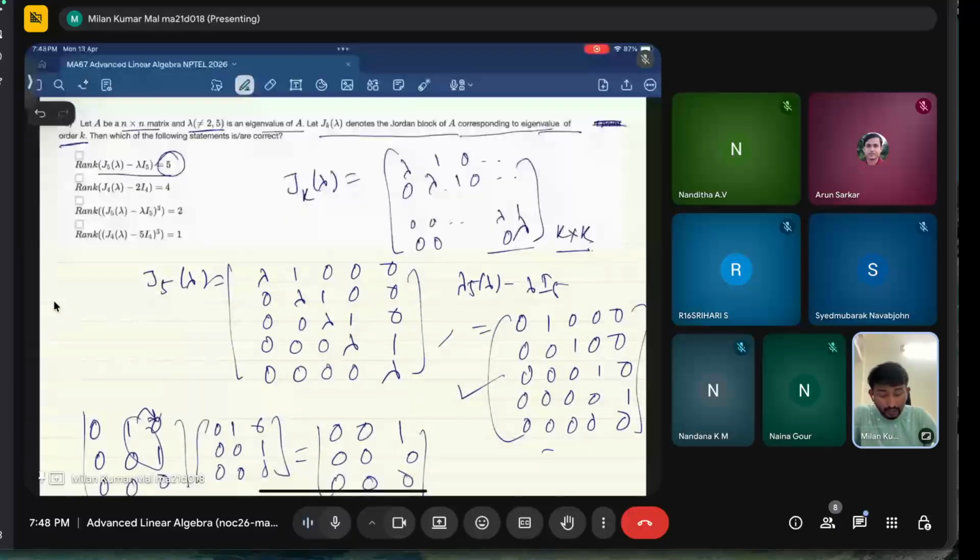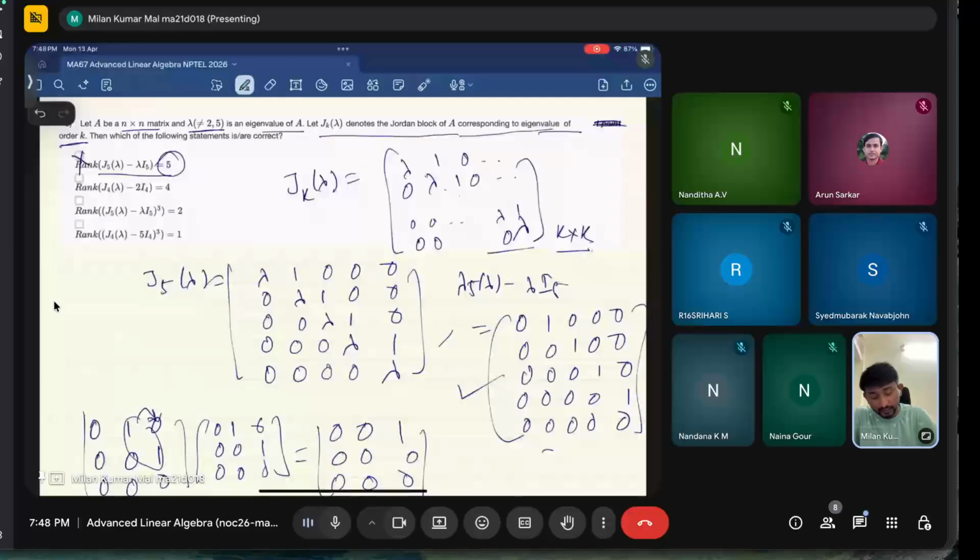Now similarly, we have to find J4 minus 2 times I4. J4 lambda has the diagonal corresponding to the eigenvalue lambda. So that will be the 4 by 4 matrix with lambda minus 2 on the diagonal and 1s above it. Now the question is what is the rank of this matrix?